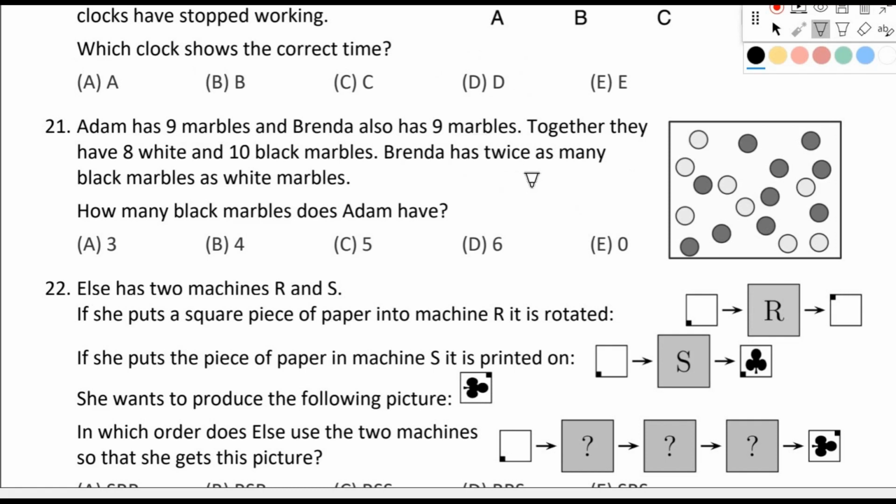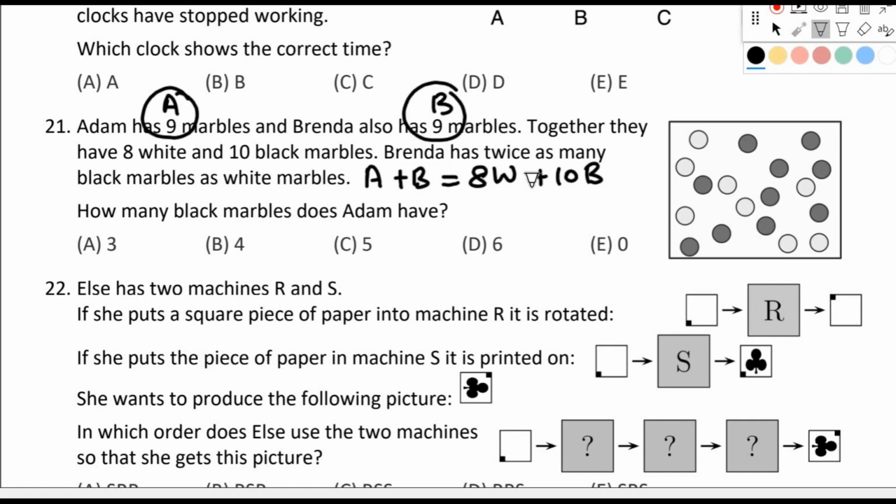Okay. So I'm just trying to create an equation. Adam has 9 marbles. Brenda has 9 marbles. So A plus B is actually 8 white plus 10 black. So we got our equation. We'll see based on the equation.